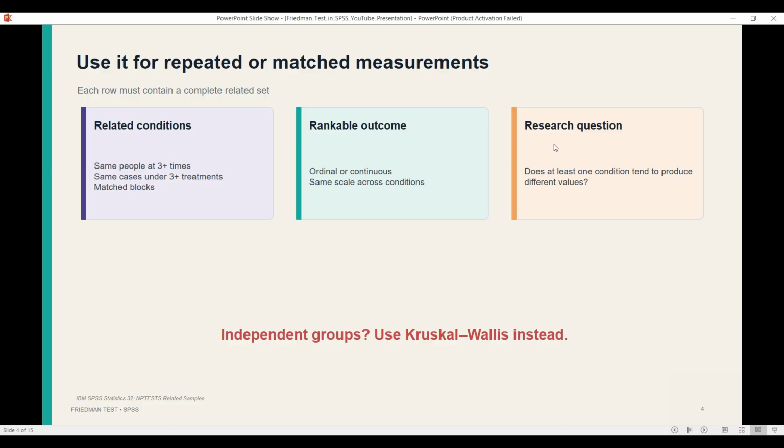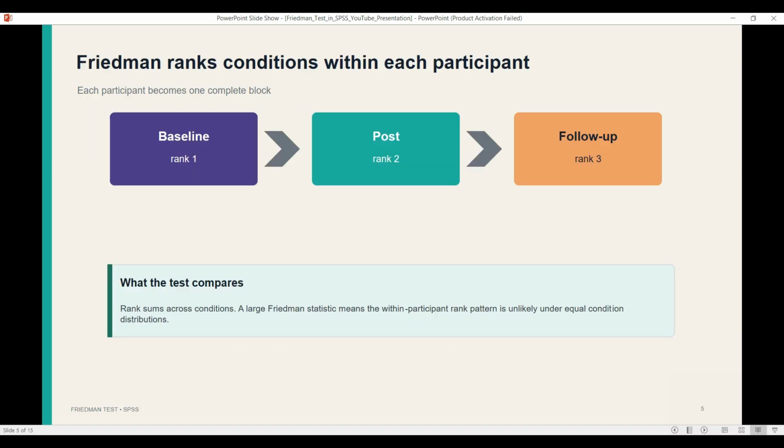We will answer this research question: does at least one condition tend to produce a different value from others? If there were independent groups, we would use the Kruskal-Wallis test, as in my previous video. But in this data, the groups are related to each other, so that's why we are using the Friedman test in SPSS.